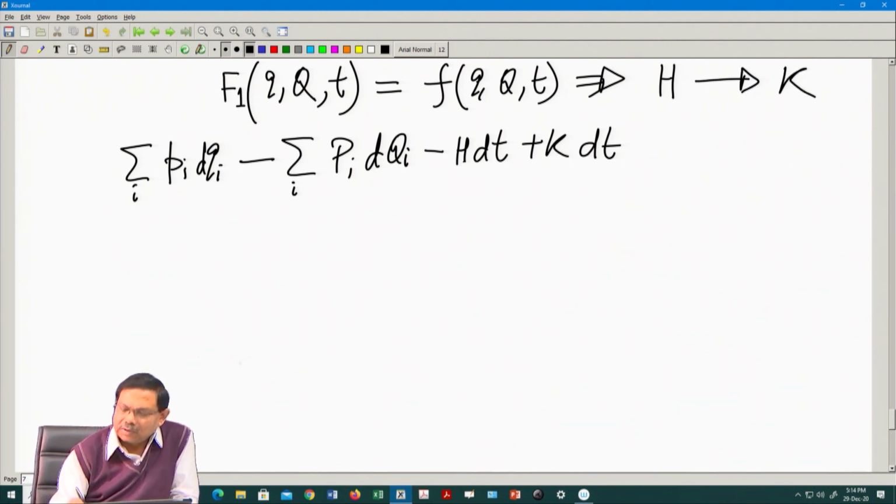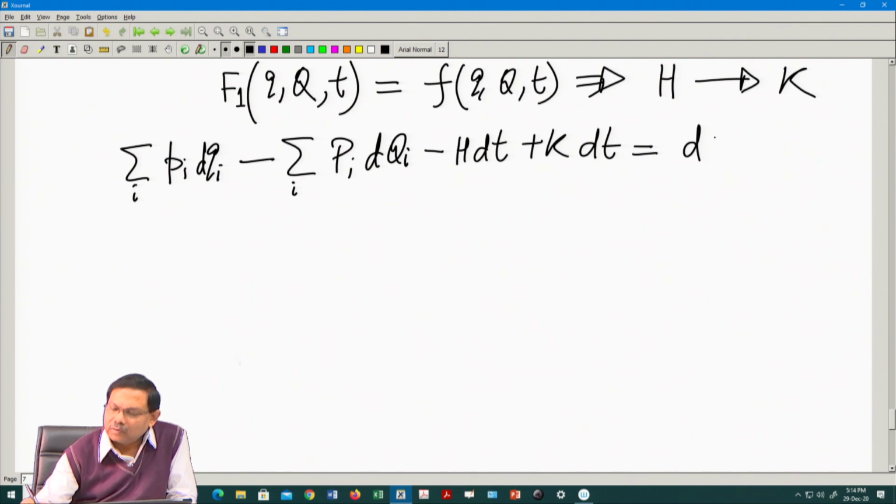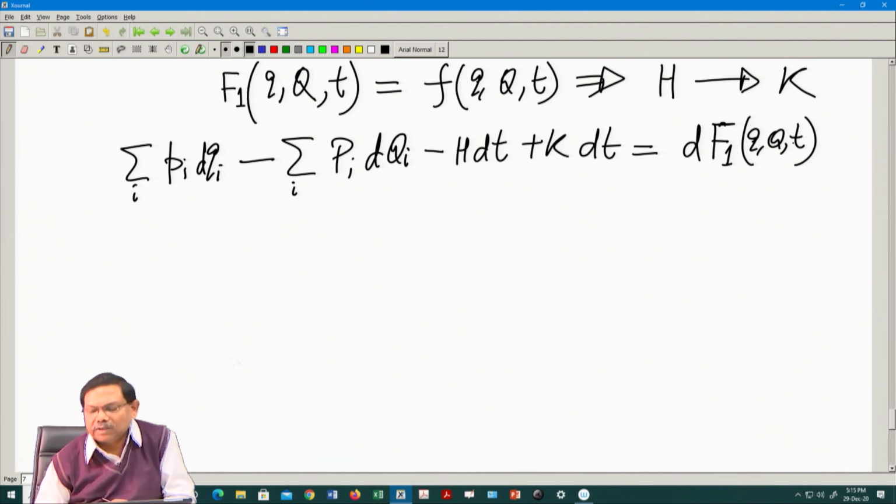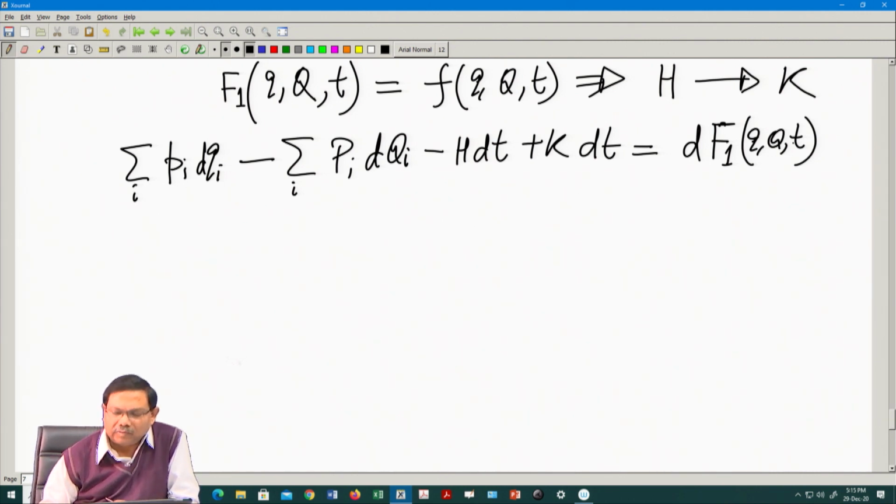So, H is the old Hamiltonian, K is the new Hamiltonian, and that we wrote as dF. So, now we are writing dF1, which is a function of two sets of generalized coordinates and time, right.